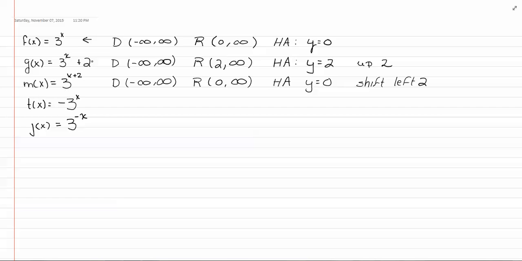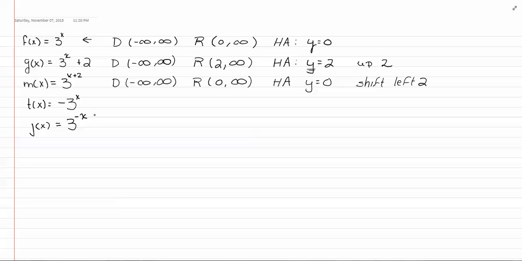So if it's outside the function, it's going to shift up or down. That's going to impact your horizontal asymptote. If it's inside the function or inside the exponent, that's going to shift you either left or right, and that doesn't affect the horizontal asymptote.